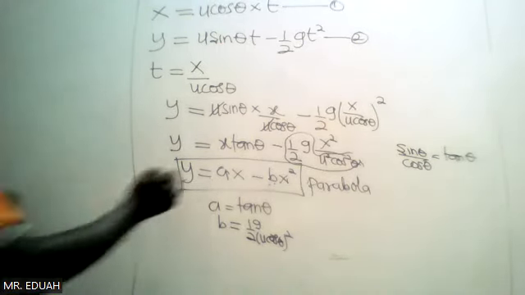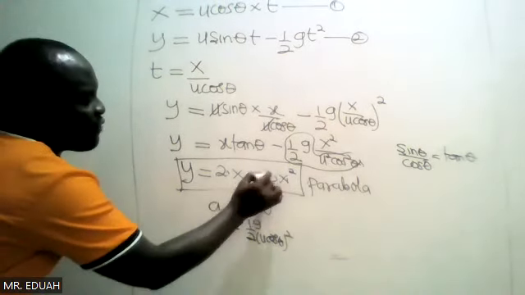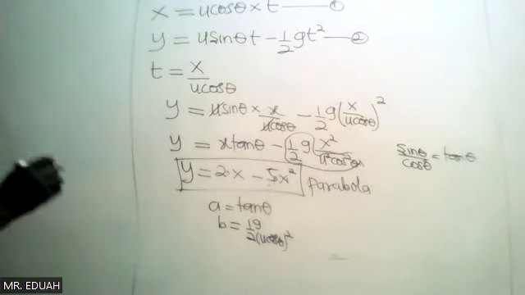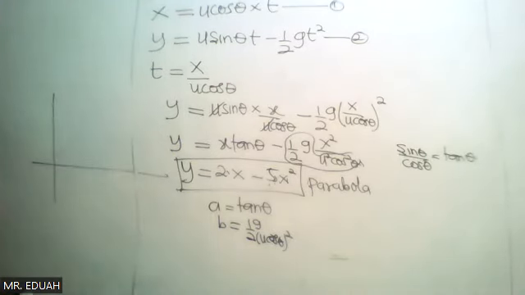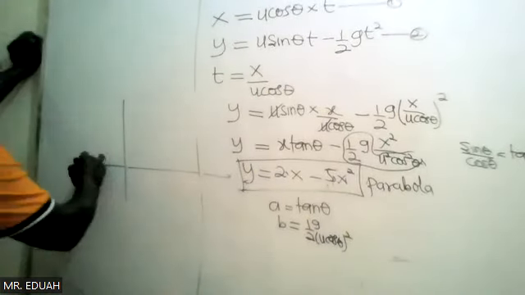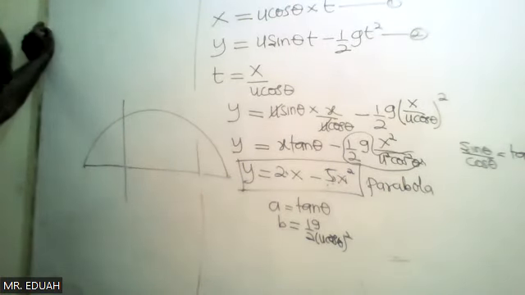And if you know these constants, maybe 2, maybe 5 or 3, whatever, and you plot a graph of x against y, you have a shape. This shape we are calling a parabola.